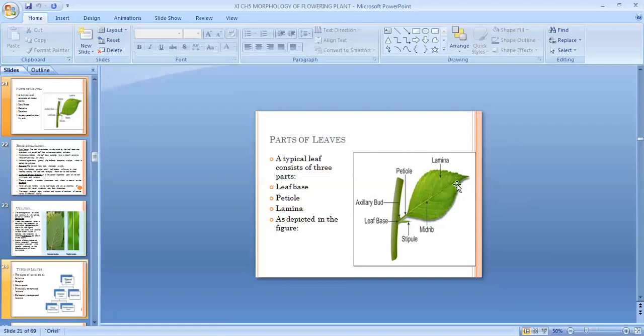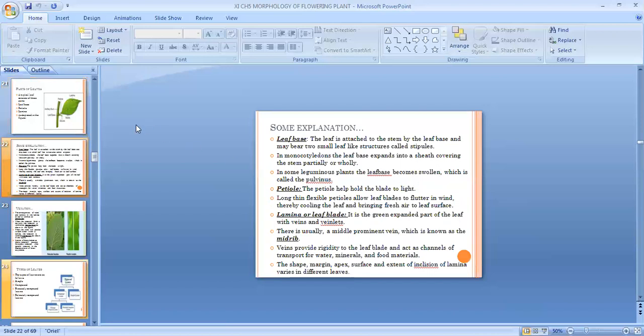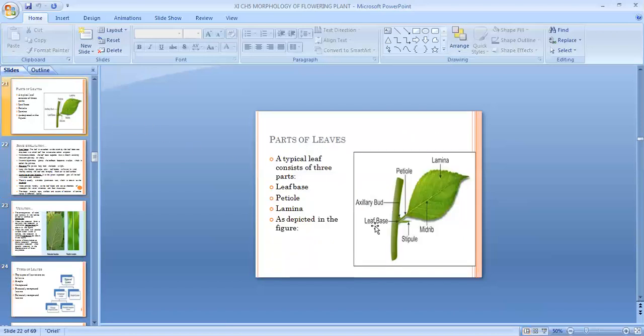The shape of the margin and apex is different for different leaves. And you can also see the incision, the cuts. The extent of incision on the lamina varies in different leaves.